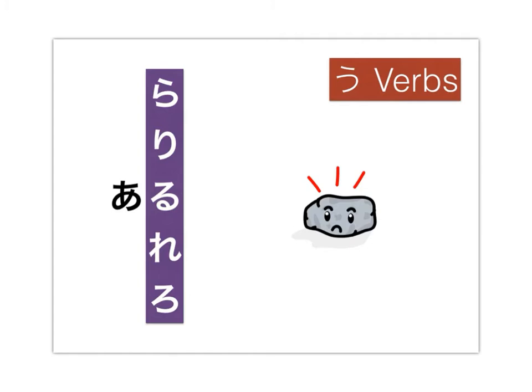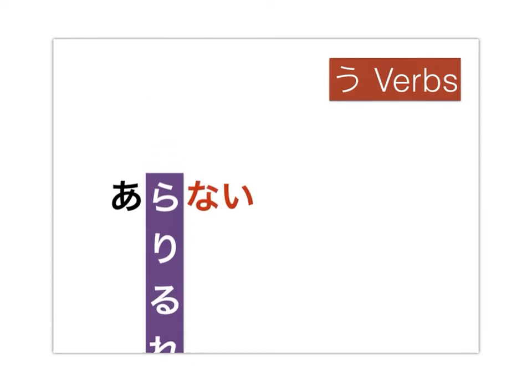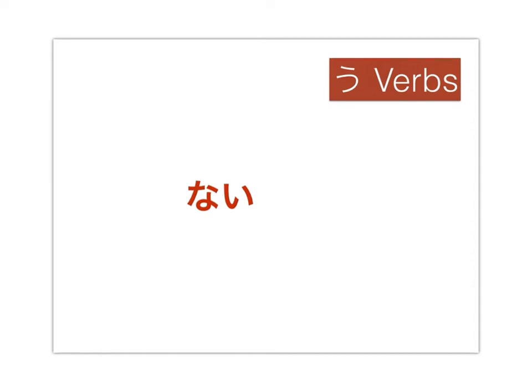If we follow the conjugation rules that I just outlined, we would shift up from aru, ari, ara, and add nai. However, this is not the correct form for arimasen when we're speaking informally. In reality, we're going to drop ara completely and just be left with nai. So the informal version of arimasen is simply nai. Nai equals arimasen in informal speech.